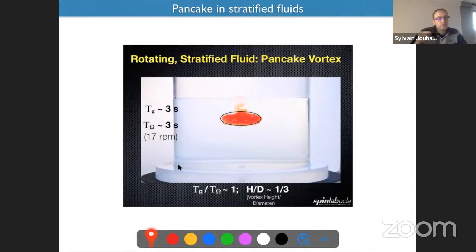And it's because you have a restoring force in the vertical from the stratification, and a restoring force in the horizontal because of rotation. You can calculate the vortex height compared to its diameter when you reach 1/3.